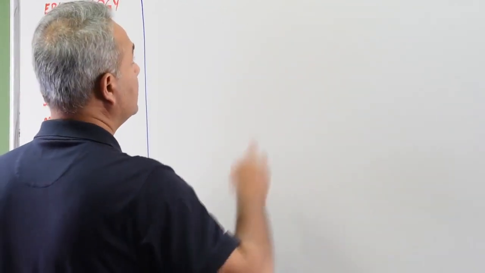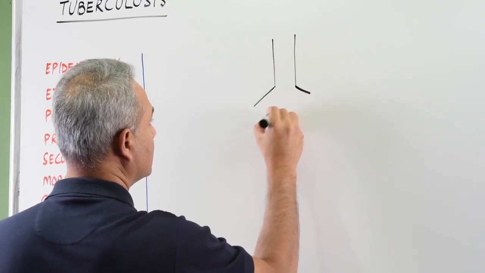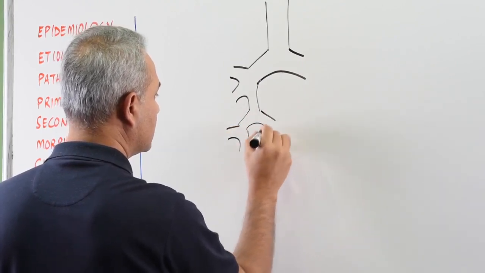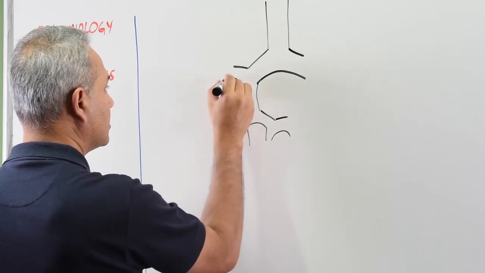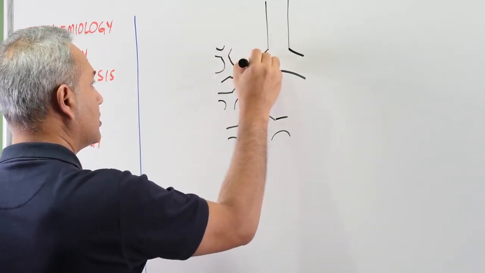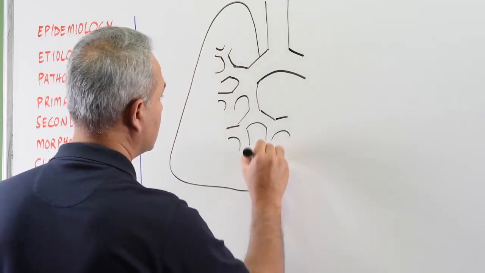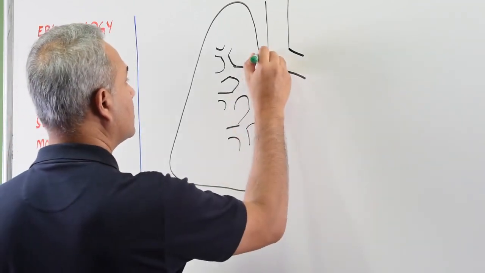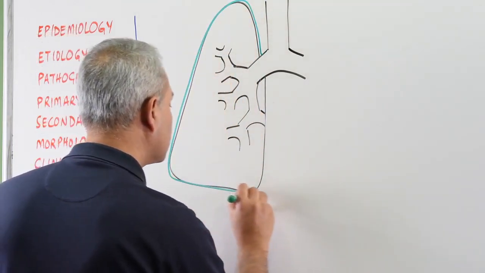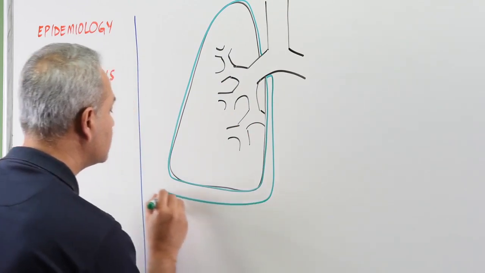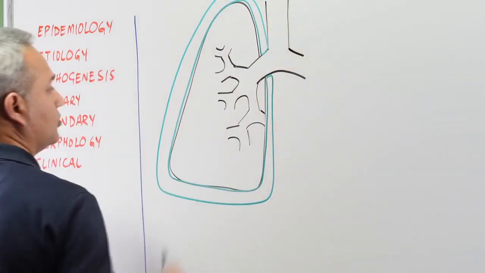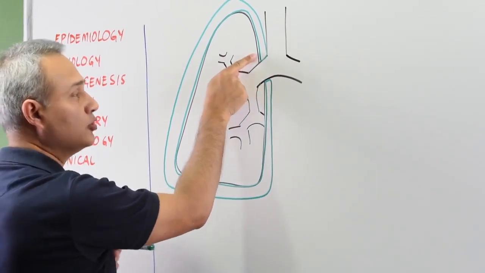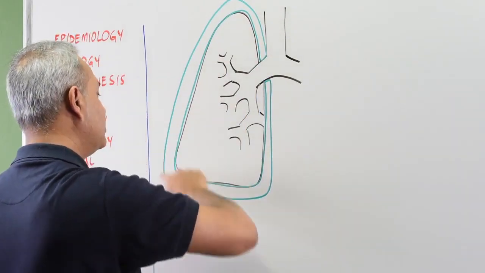So let's say here is an airway, and this is the pleural surfaces, the visceral pleura, the inner green layer, and the parietal pleura, the outer green layer.